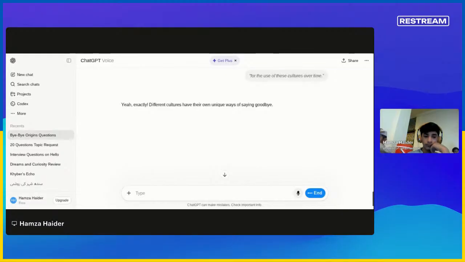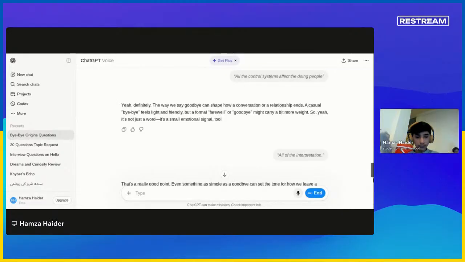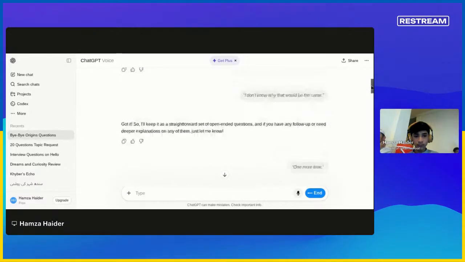Exactly. And that's why when we look at other languages, we often see really rich expressions tied to farewells. Like in some cultures, it's about wishing safety, blessings, or even hope to see each other again.